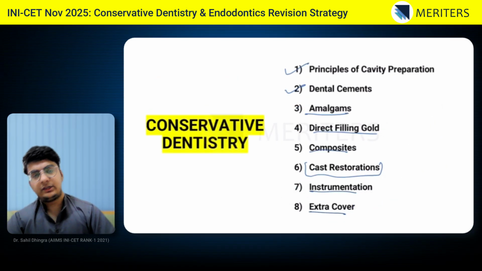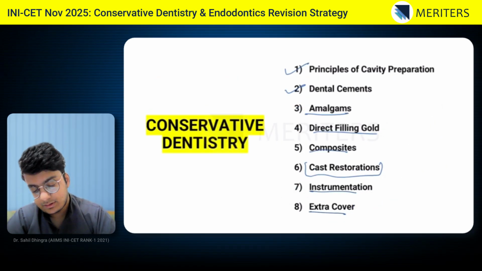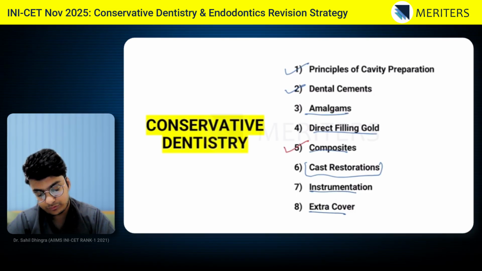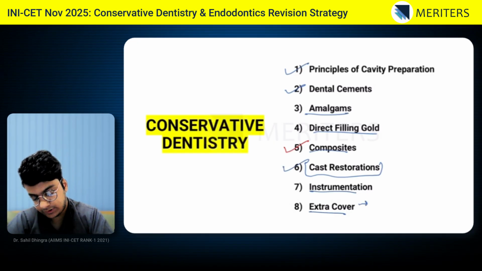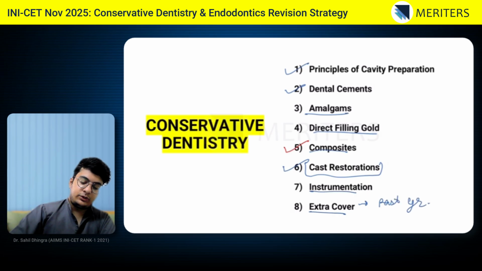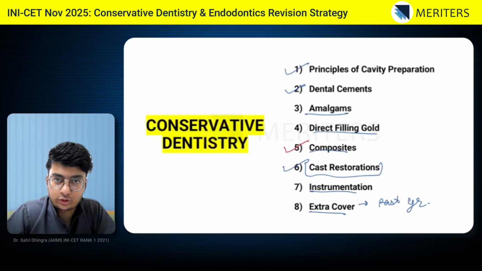That's it. Then in your conservative dentistry, the principles of cavity preparation, dental cements, composites, and your cast restorations. These are the most important, along with instrumentation. Again, the extra cover will include the past year papers. So when you are reading cons and endo, you have to start from these 4 or 5 important topics in both cons and endo.